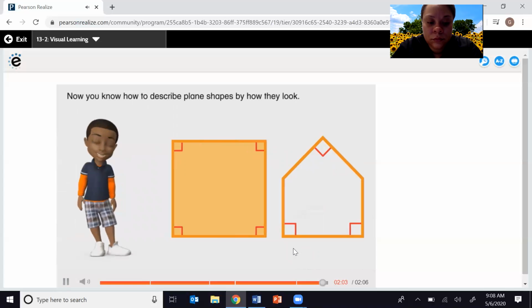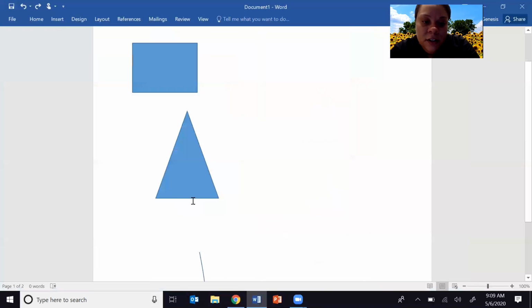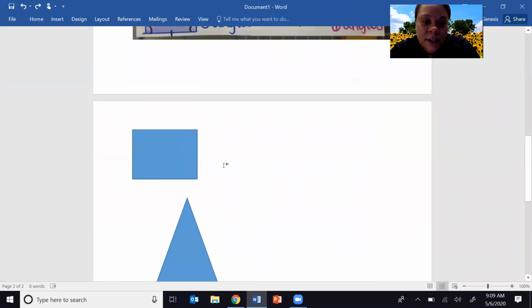How to describe plane shapes by how they look. All right, so let's practice. Let's describe these shapes. We have our handy dandy anchor chart too. First of all, what is the name of this shape? Well, I know this is called a rectangle. Then it has 4 sides, angles, and vertices.